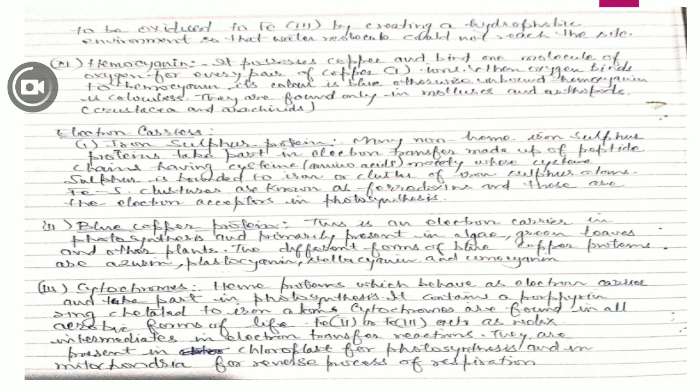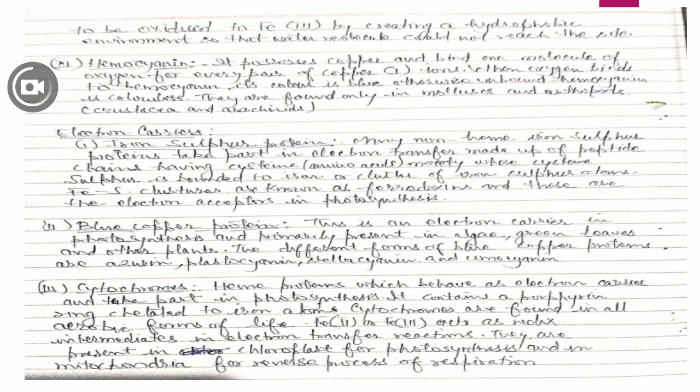We write this in short form Fe-S. There are several types of iron sulfur proteins. These are present in the form of clusters.